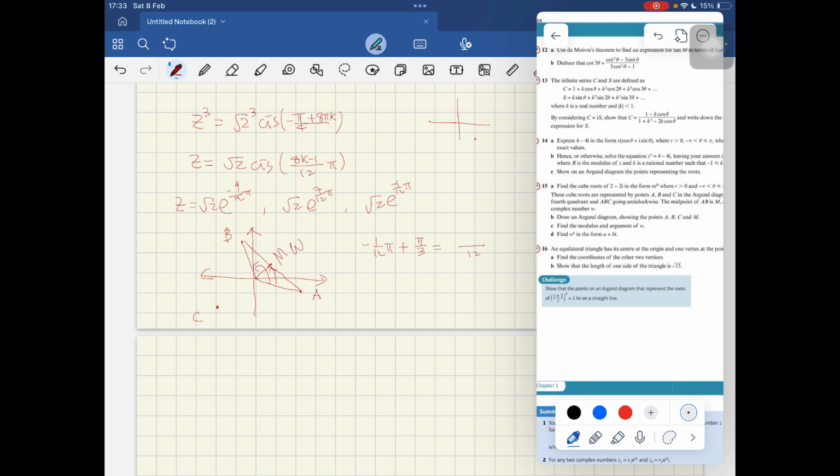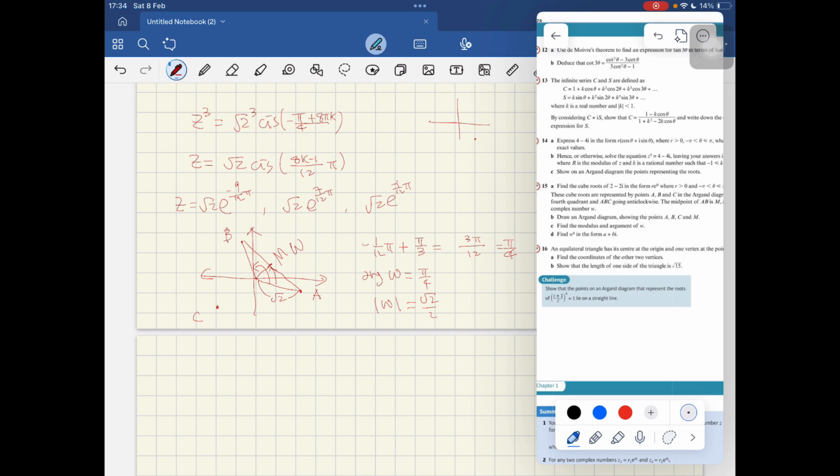So negative pi over 12 plus 4 pi over 12 is 3 pi over 12, which is pi over 4. So the argument of M, like W, is pi over 4, and the modulus of W is, because now we have here square root of 2, square root of 2 over 2 because of the special triangle ratio.